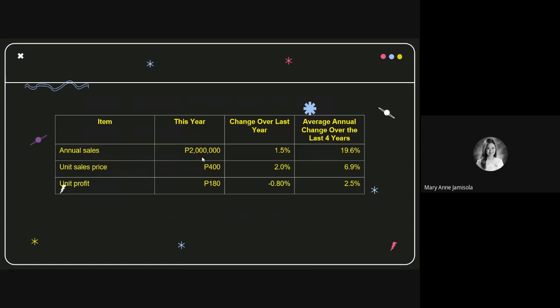As a result, total profit is starting to level off. Now, because of these signs, it seems that the product is in the early maturity stage. Okay, so I hope you agree with me that the product is already in its maturity stage.